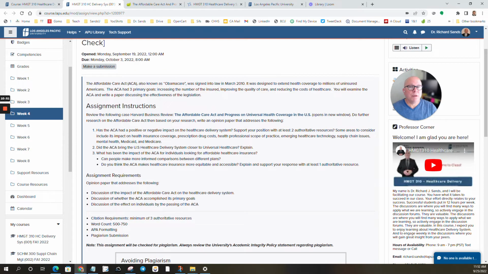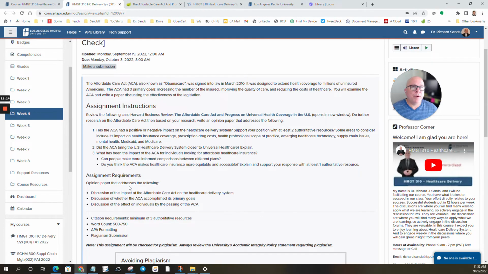And that shift is right here in these 3 bullets. So you should have 3 main sections of your paper, like for example, right here, impact of the Affordable Care Act on healthcare delivery system. Centered, bolded, and all capitals. Not all capitals, it's all upper, it's not just sentence case.